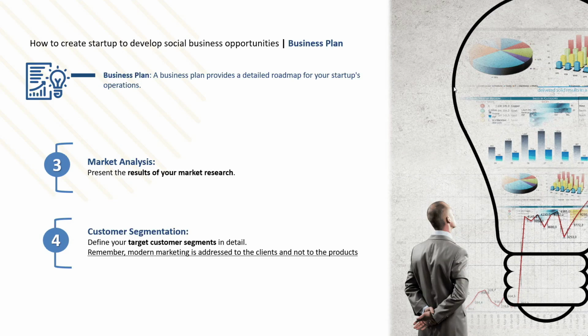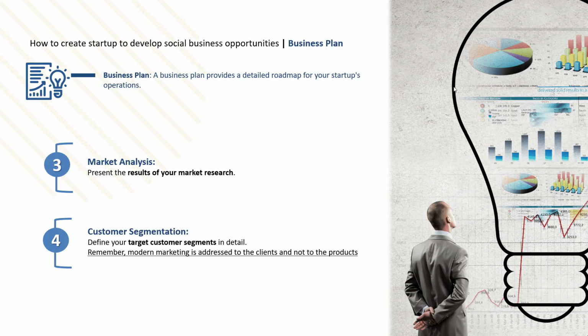Point number 3 is the market analysis. When you have done your SWOT analysis and your business model, we have already talked about the market analysis. Understand exactly what the trend, the potential, the competitors, the weaknesses and the strengths are, the market research.